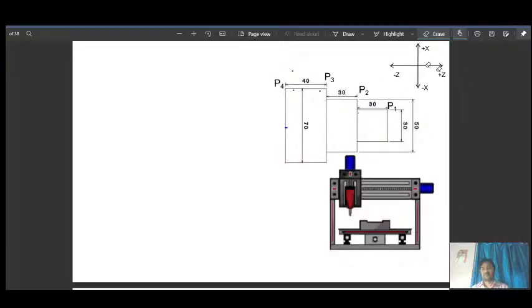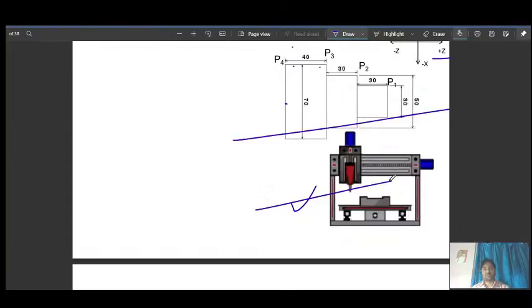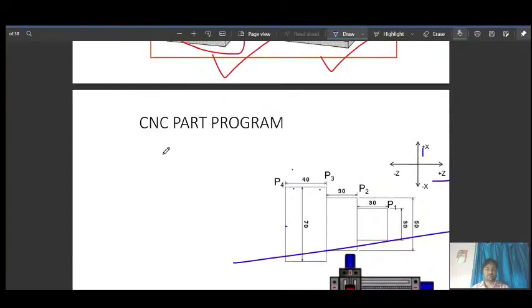So as you can see, this one is plus z and plus x for many operations, and this one is for cutting or drilling operations. We can use x and y. Not cutting operations, drilling operations we can use for point to point. This is only for the explanation of how to program.